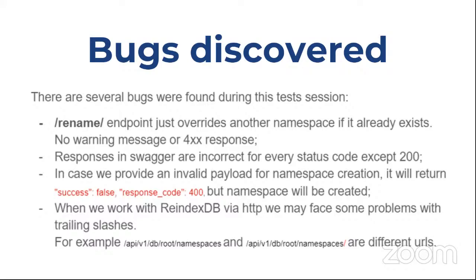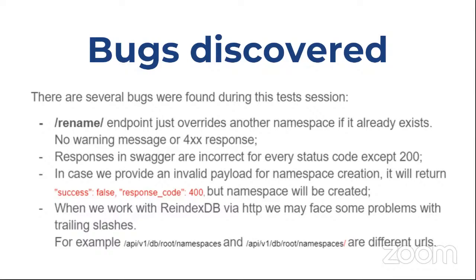Also, we discovered some bugs when we were testing. The first one: the rename endpoint just overwrites another namespace if it already exists, and there are no warning messages or 4xx response. Also, responses in Swagger are incorrect for every status code except 200.